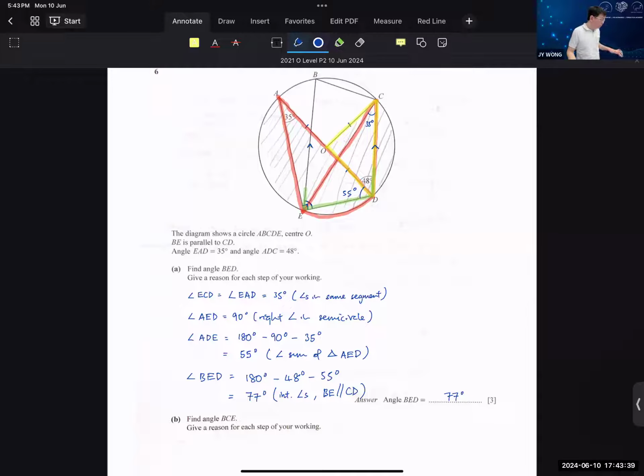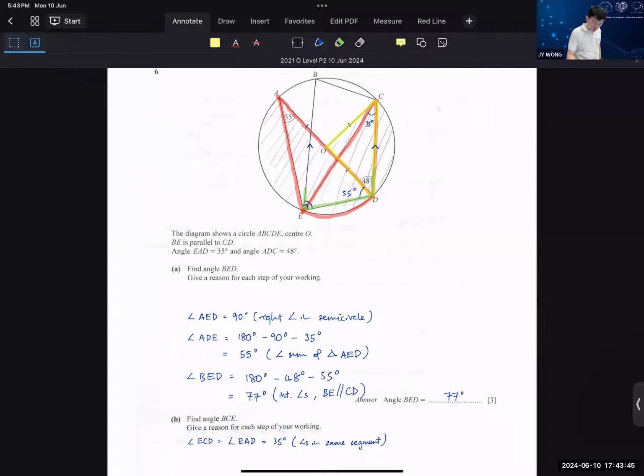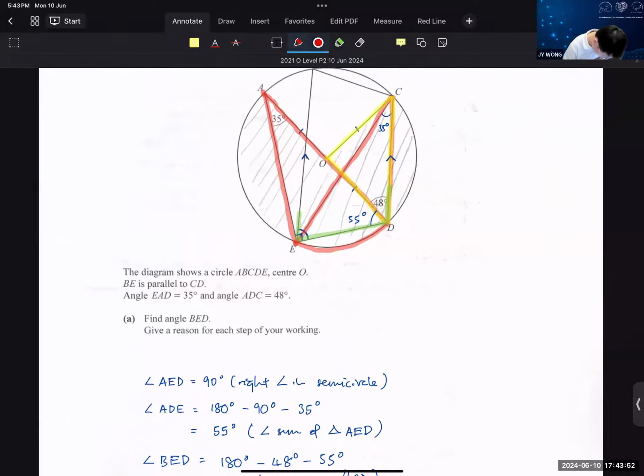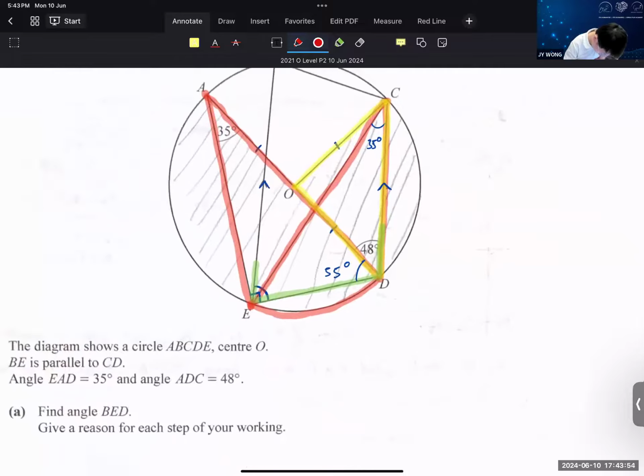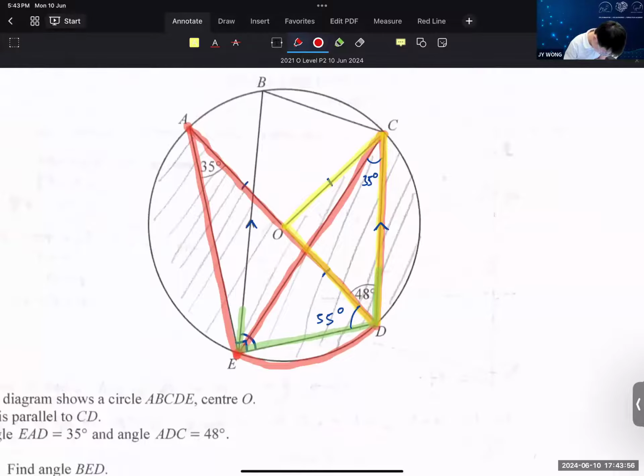Okay. So I already found angle ECD just now. So to find angle BCE, let me now use red. BCE is this entire angle over here. I'm going to draw a big one because it's not very hard to see.